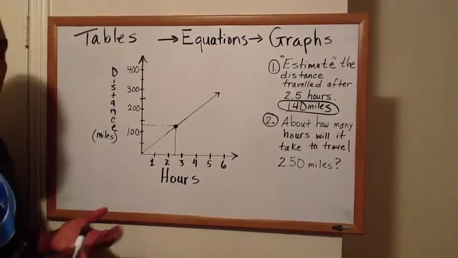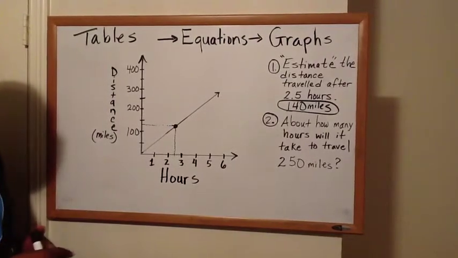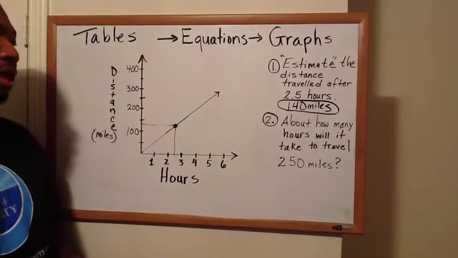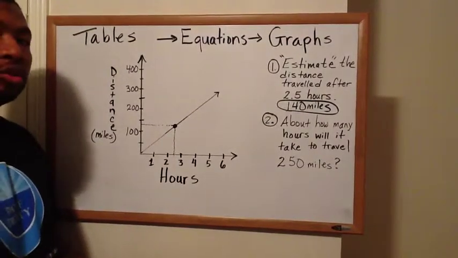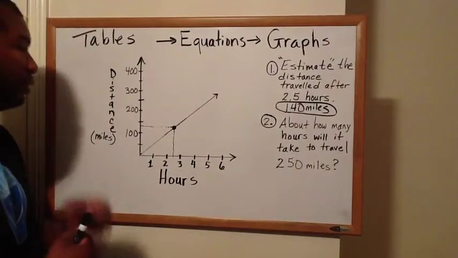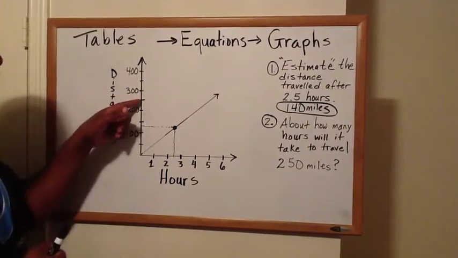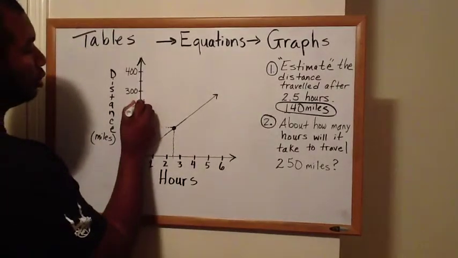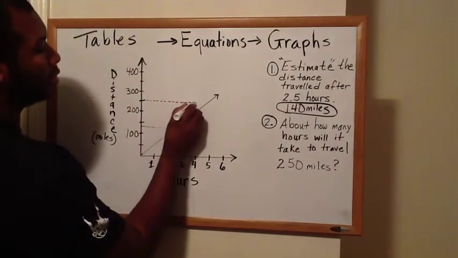Number 2, similar type question about how many hours, so we kind of flipped it. How many hours will it take to travel 250 miles? So we're given 250 miles. 250 miles is right here. I'm going to extend 250 miles out to the graph.